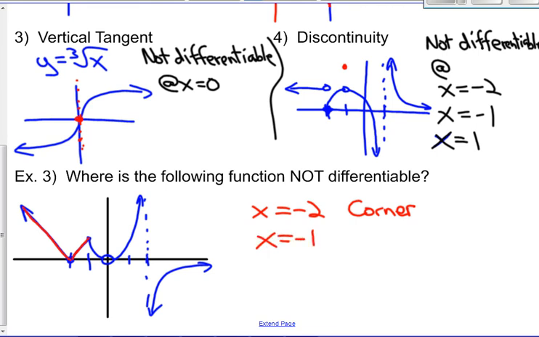You've got another corner there. Keep going. x equals 0. You've got a discontinuity. And it doesn't matter what kind of discontinuity. It's not differentiable at a discontinuity. And then at x equals 2, it's not differentiable.